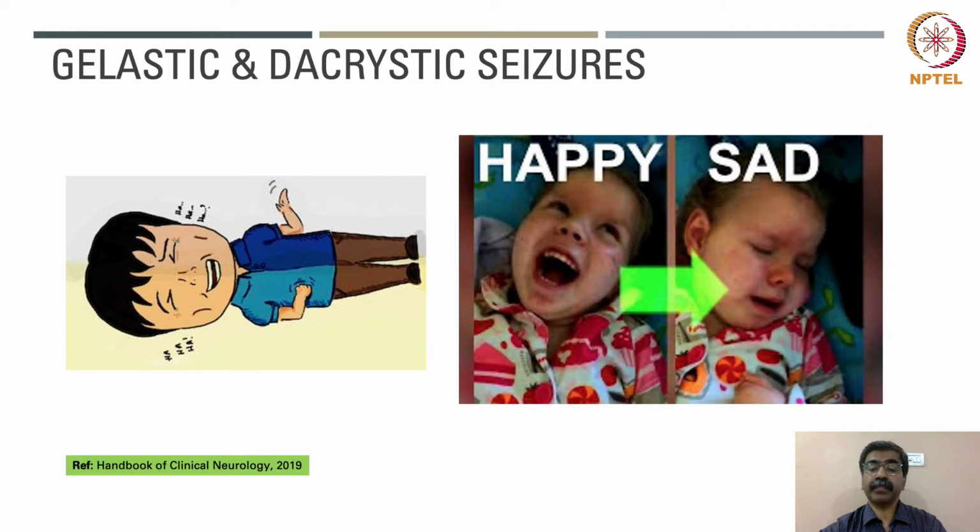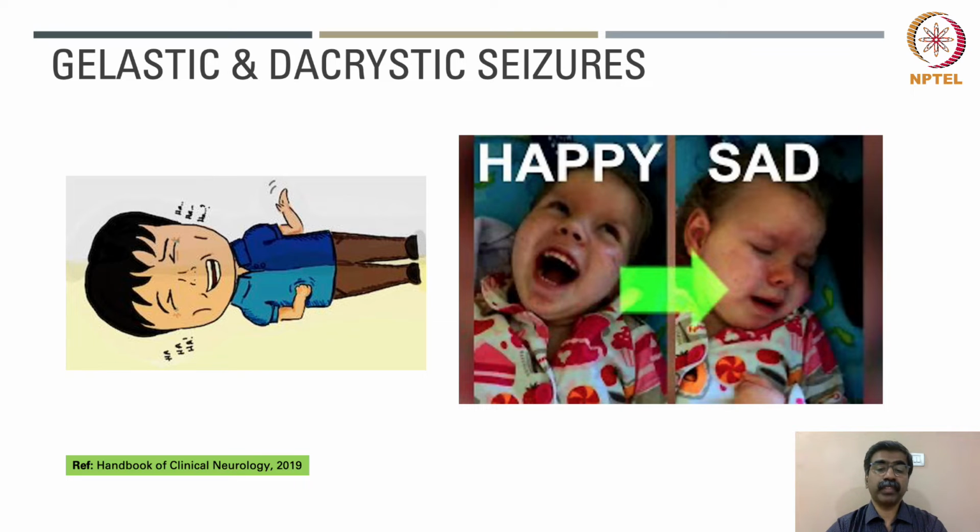The most commonly occurring along with gelastic seizure are generalized tonic-clonic seizures. A hypothalamic hamartoma is usually the cause when patients have both dacrystic and gelastic seizure, whereas isolated dacrystic seizures are typically associated with mesial temporal sclerosis.